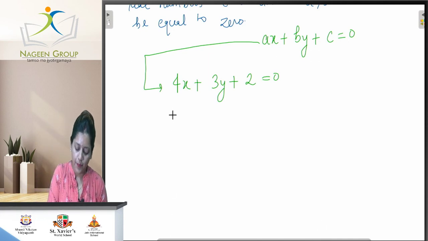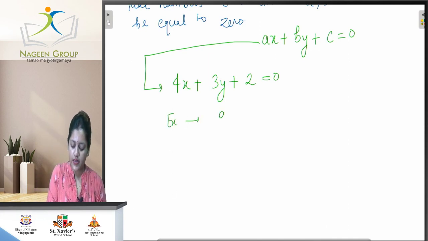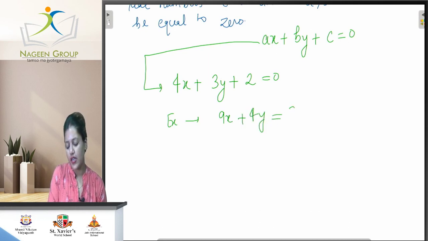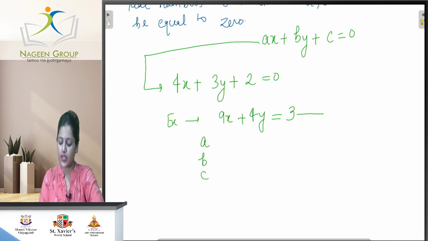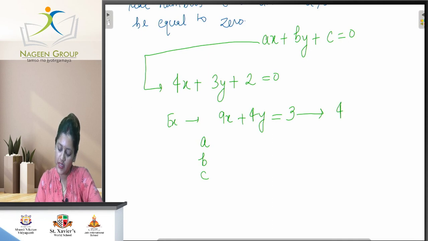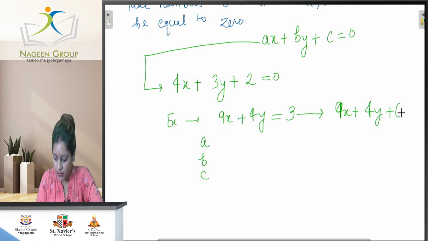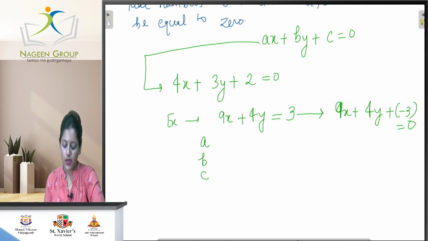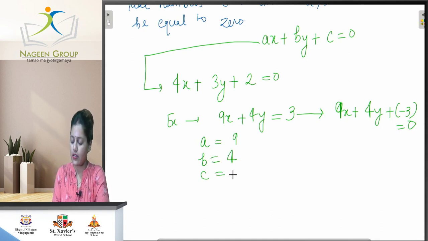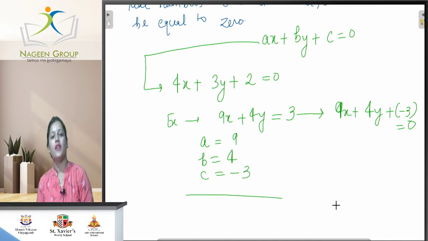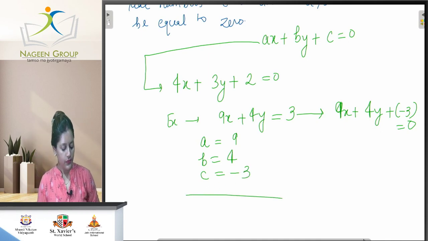So let's take an example: 9x plus 4y equals 3, and you have to find a, b and c. First you have to convert this equation into the basic form, that is 9x plus 4y plus minus 3 equals 0. Now a is equal to 9, b is equal to 4 and c is equal to minus 3. I hope you understand it.